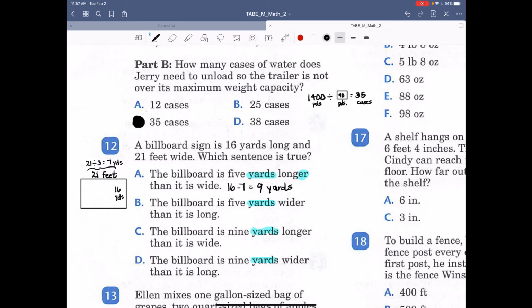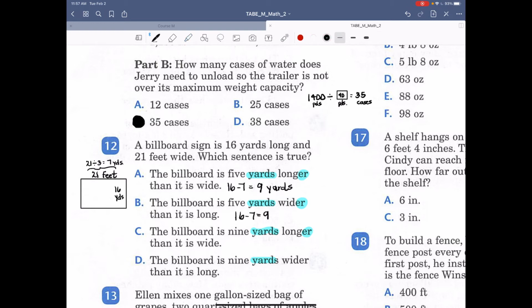The billboard is 5 yards wider than it is long. Again, 16 minus 7 is 9, not 5. The billboard is 9 yards longer than it is wide.